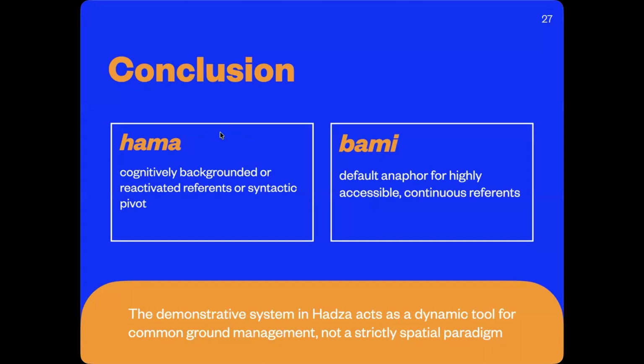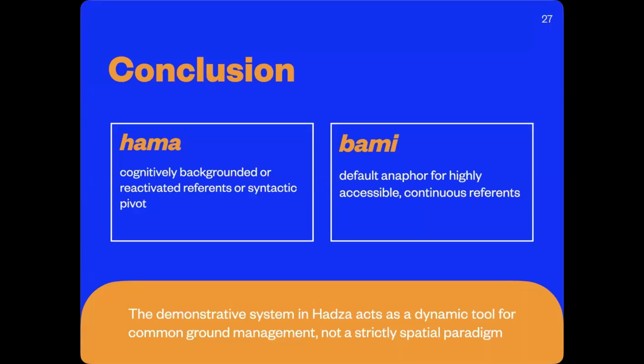In conclusion, these are the main findings of my study. Bami is the default demonstrative set used for anaphorically retrieved, highly accessible and continuous reference, while hama is used for cognitively backgrounded or reactivated reference, or even as a syntactic pivot.